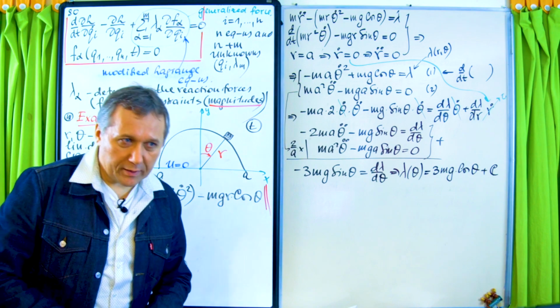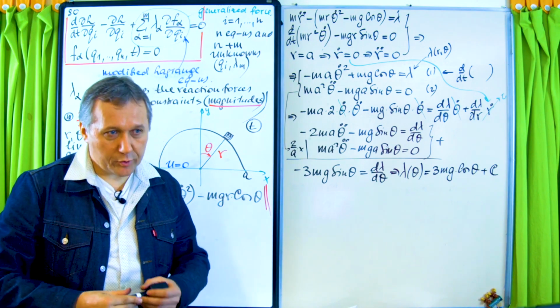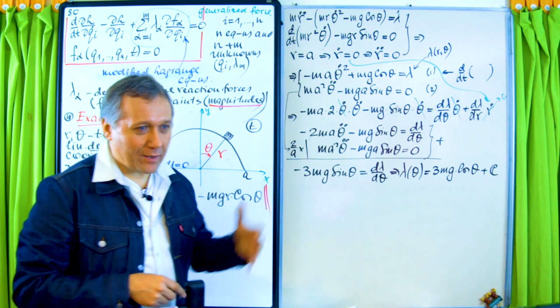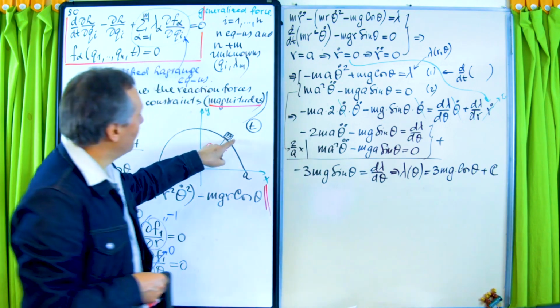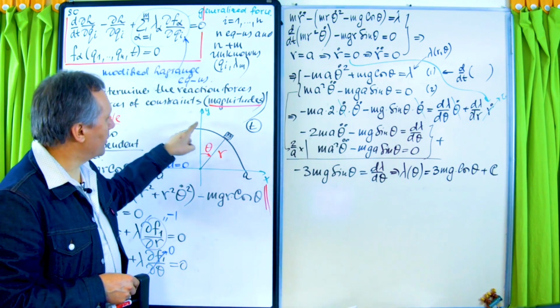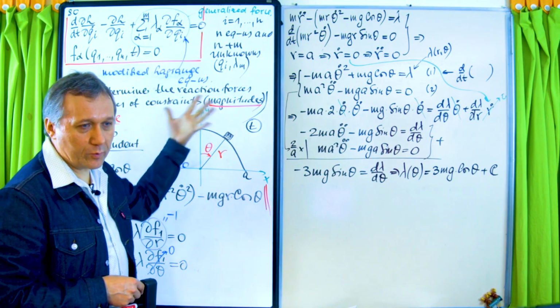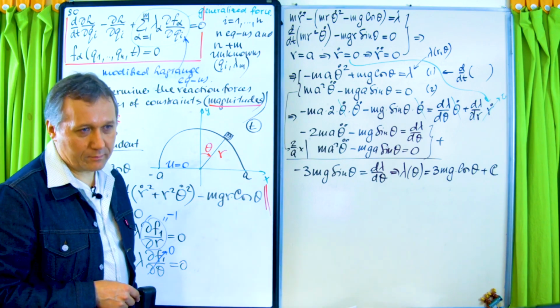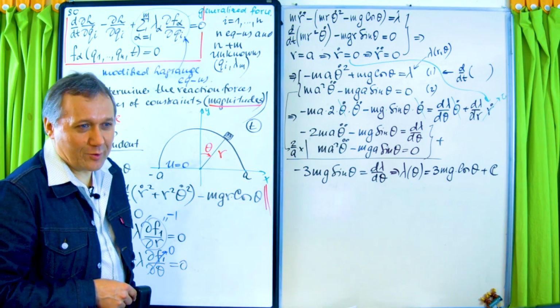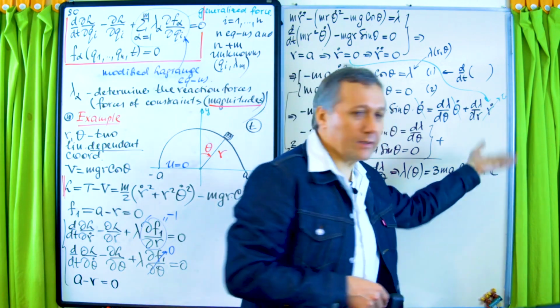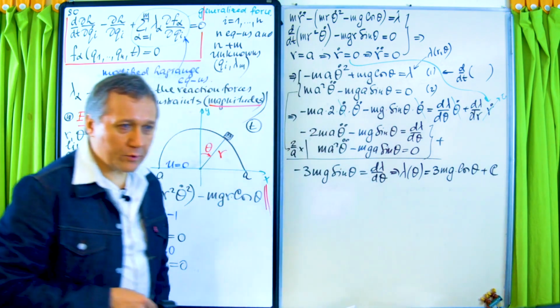How can we find the constant of integration? Again, we need to apply our conceptual analysis and realize that when the puck is at the top where the surface is flat, the normal force will be equal just to mg. You need to know that in order to get that constant, because it's a constant of integration, and this is the reaction of the surface, the normal force.